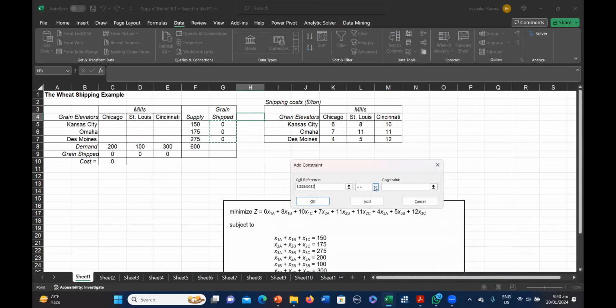Then I change the sign to be equal to F5 to F7. Then I add. Okay, then I come to the demand side.